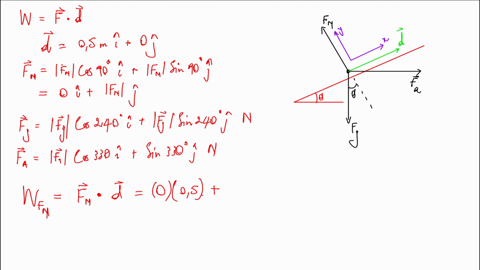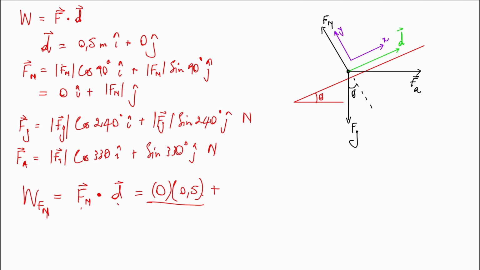Remember, when we take the dot product, we no longer have a vector. The outcome is a scalar. So there shouldn't be any i hats or j hats when you have multiplied the two vectors. Okay, so this is the x component of f multiplied by the x component of d.